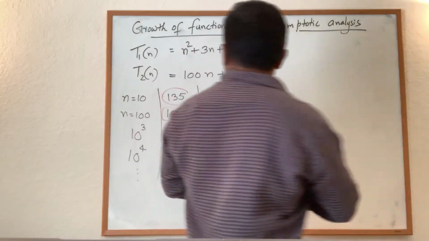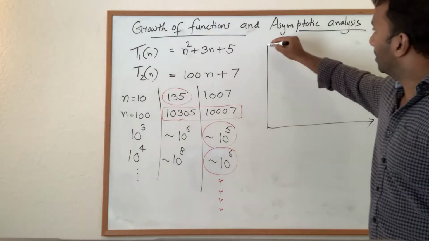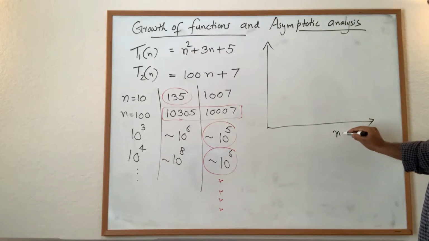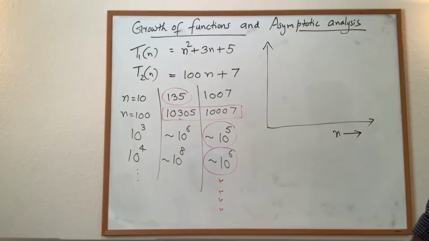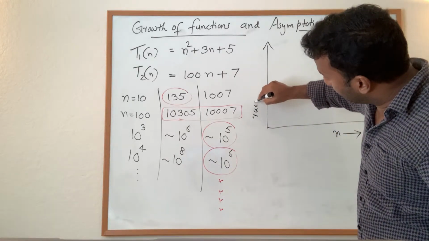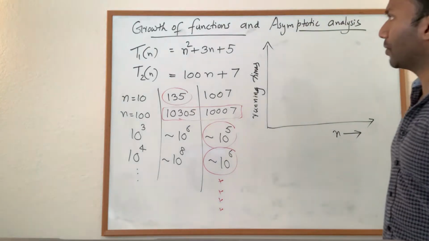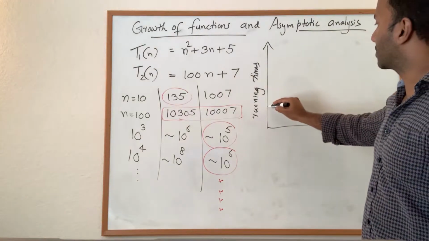To see this better, let me plot a small picture with x-axis n, the input size, and the y-axis the running time. If I plot T1 and T2, T1 will look something like this.